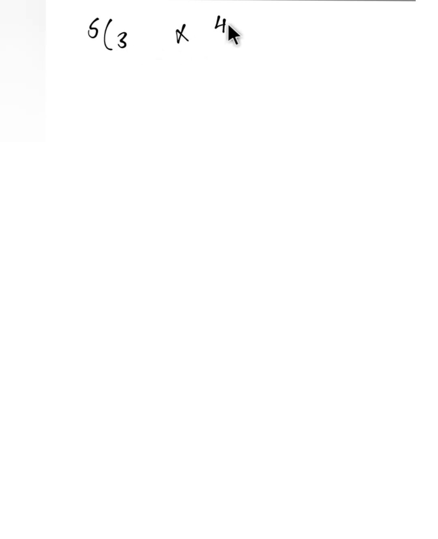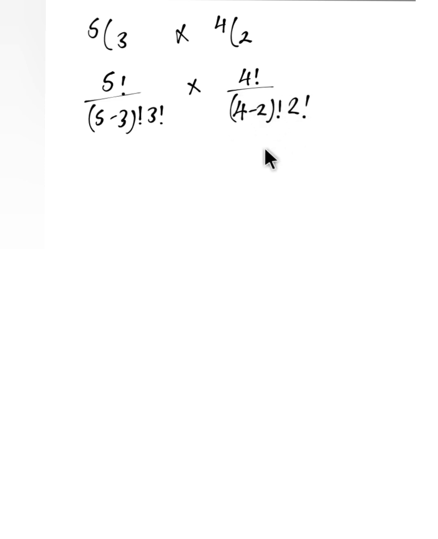times 4 combination 2. Now when we solve this down, it becomes 5 factorial over 5 minus 3 factorial, 3 factorial, times 4 factorial over 4 minus 2 factorial, 2 factorial. 5 factorial all over 2 factorial, 3 factorial, times 4 factorial all over 2 factorial, 2 factorial.